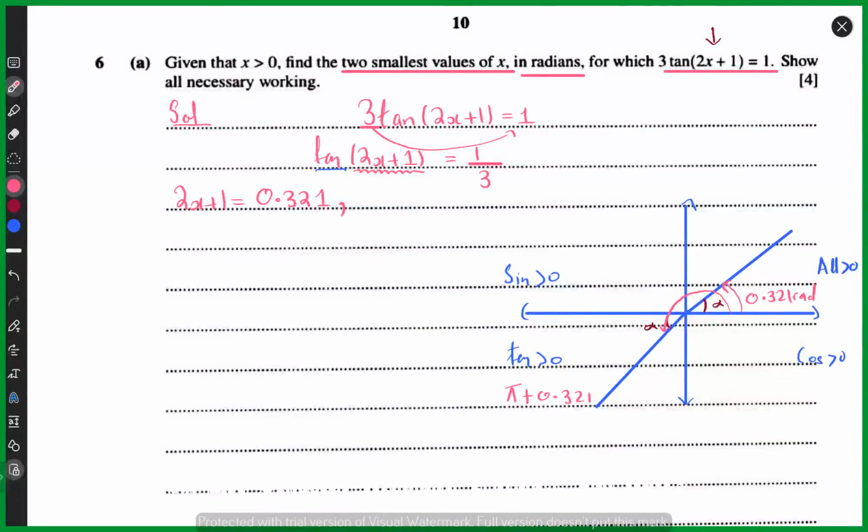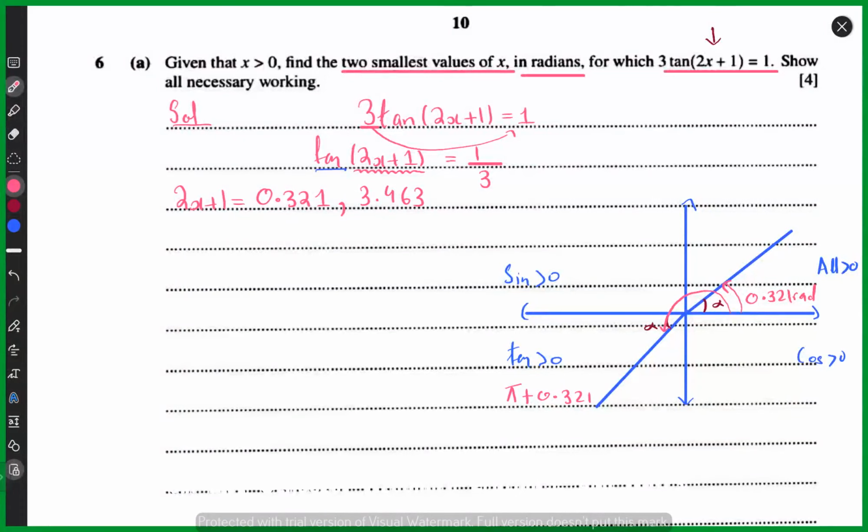So this is 3.463. Okay, I'm just writing it down to 3 decimal places. Any confusions with this? No, miss. Okay, now we are not done yet.